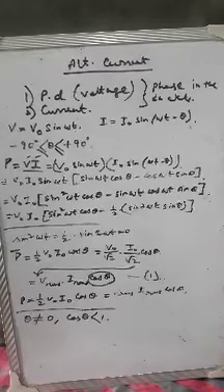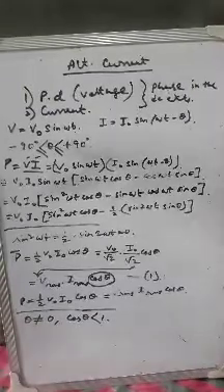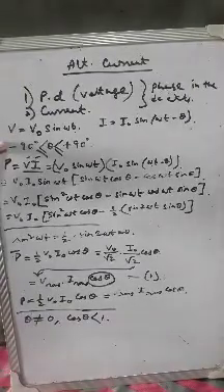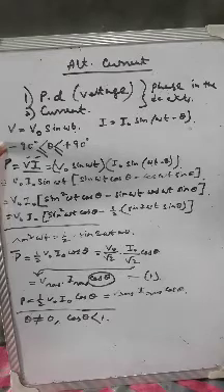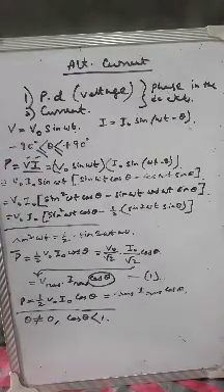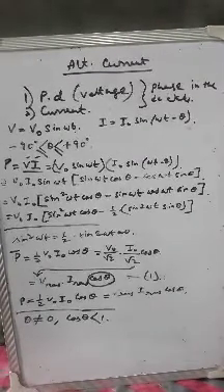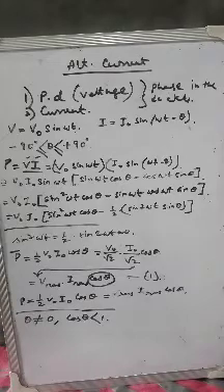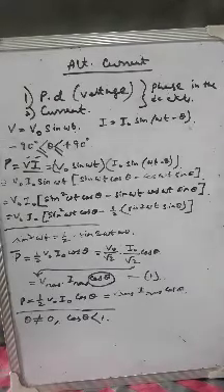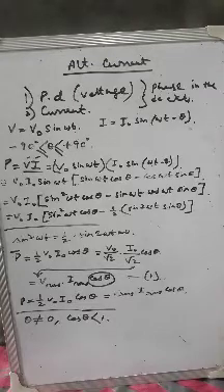But when your theta lies between negative 90 degrees and plus 90 degrees, the power factor cos theta is never negative. So as a result, the power consumed in the circuit in that interval can never be negative.